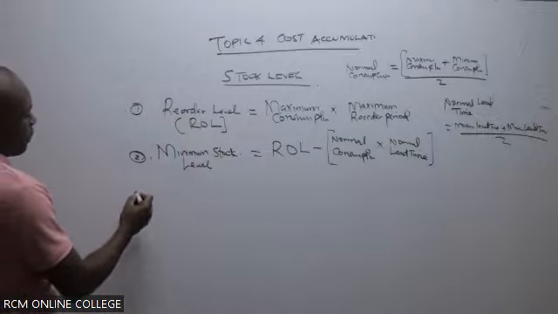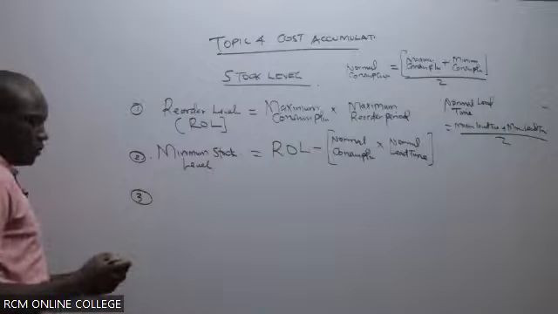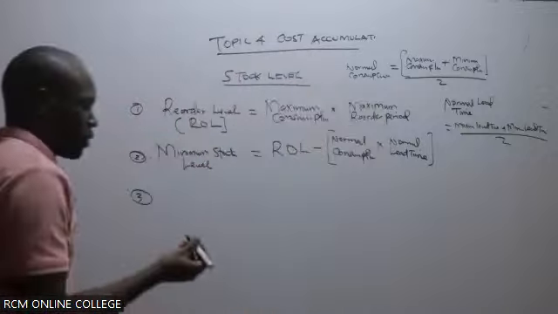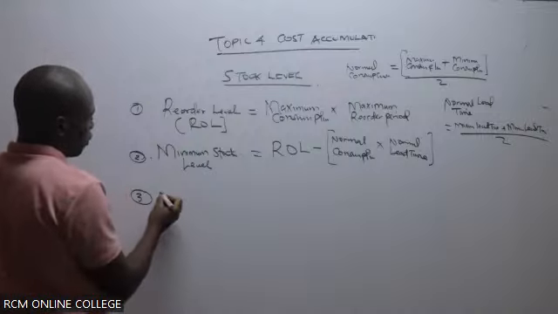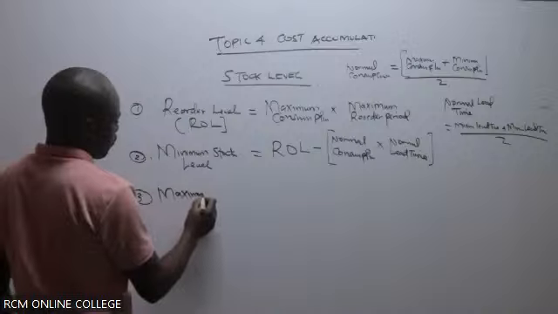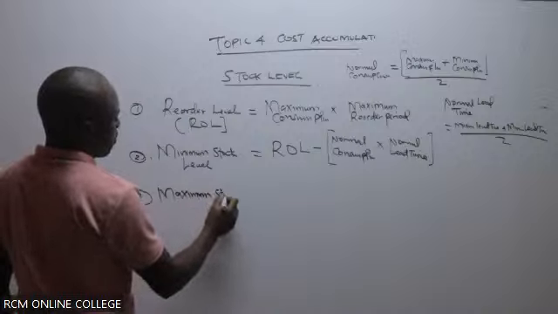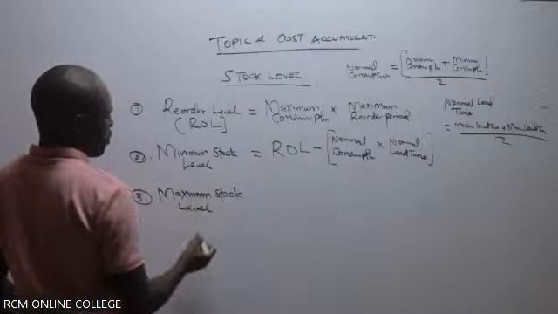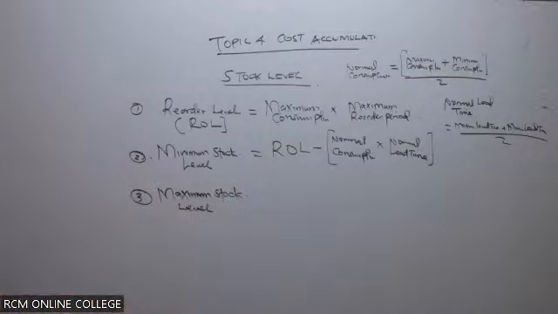Let's come to number 3. Number 3 now will be what we call maximum stock level. So how do we get maximum stock level?